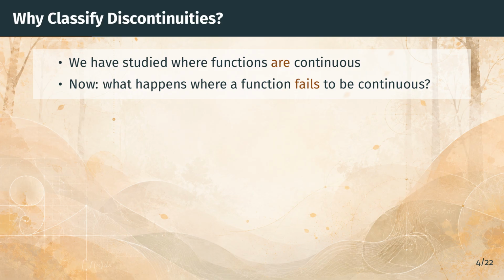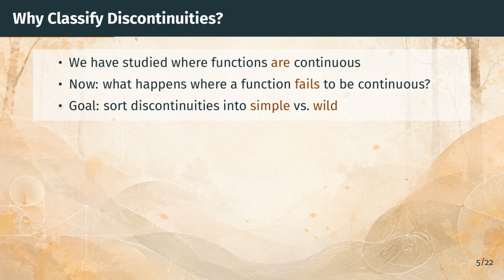Now we ask the reverse. Suppose a function is not continuous at some point. What exactly goes wrong there? A point of failure is called a discontinuity. As we will see, failures come in very different flavors, some mild and easy to describe, others genuinely chaotic.